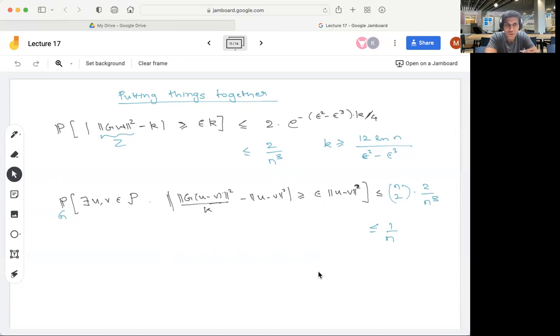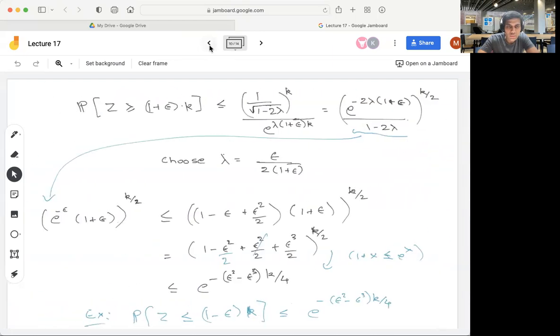Any questions before we continue? Why couldn't we use Chernoff-Hoeffding from the beginning? Was it because the xi squared were not 0, 1?